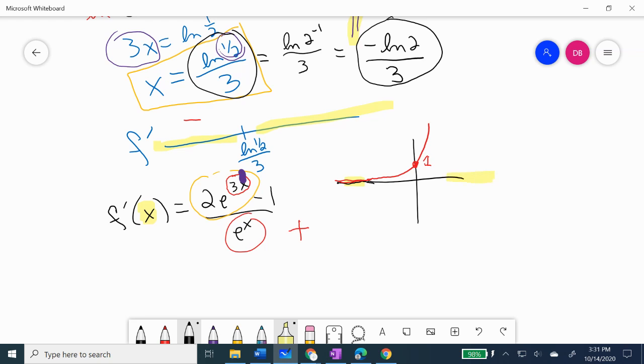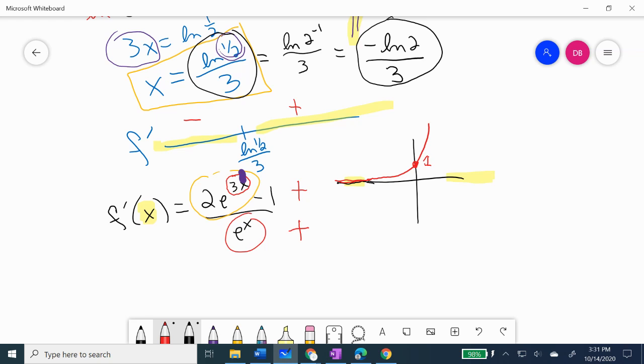Super big number, multiplied by 2, and then minus 1. That minus 1 is doing nothing to this insane positiveness. So I end up with a positive value for my first derivative for anything I plug in that is larger than this number, the natural log of 1/2 divided by 3.